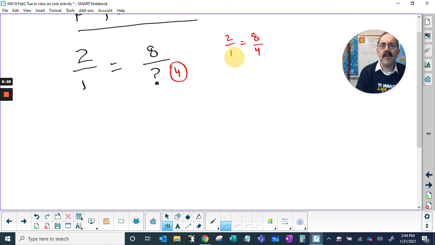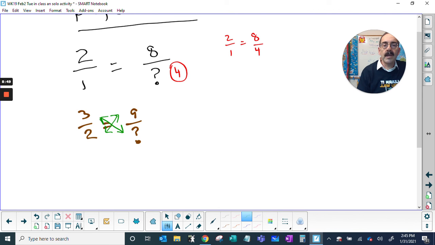Because we know that 8 to 4 is the same proportion as 2 to 1, double the size. But do we remember if it's not so easy? What if we have a hard one? Like 3 to 2 is 9 to something. So let's remind ourselves how we do this. It's called cross multiply. 3 times something equals 2 times 9.